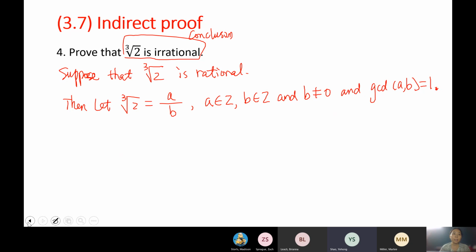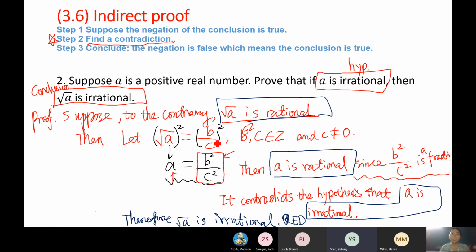Previously, whether this fraction B over C is 3 over 4 or 6 over 8, it doesn't matter, because after I squared, I still get a fraction. So it's not important whether this fraction is reduced or not. Either case, we get a contradiction.